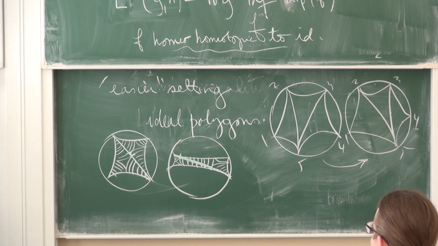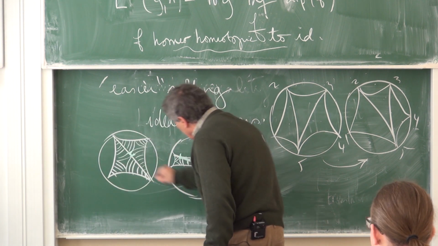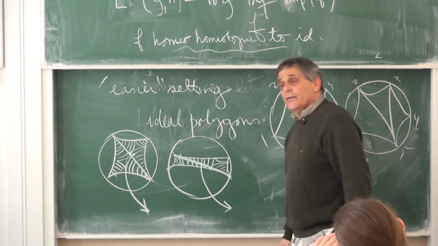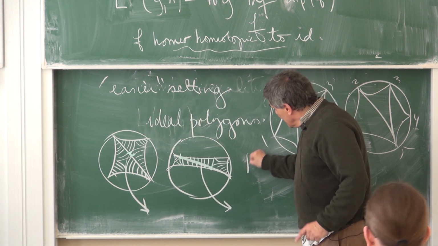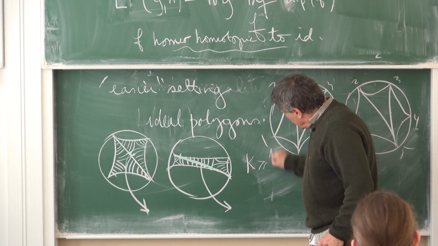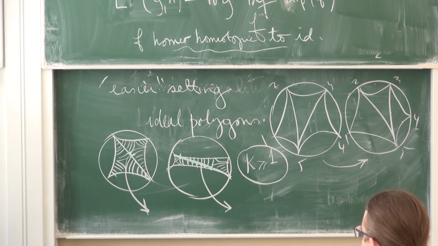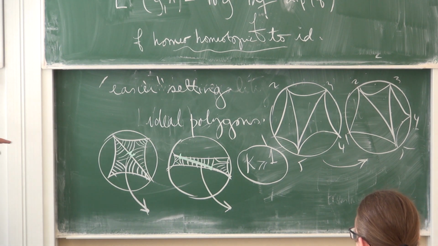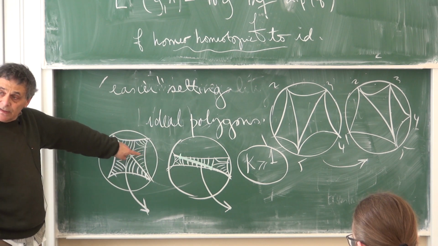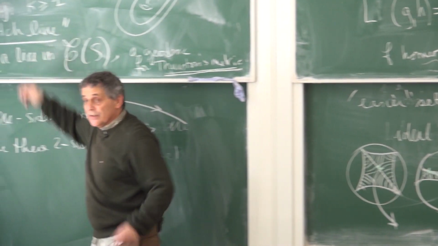So what I want to do now here is the one parameter family of hyperbolic structures, the one parameter family of ideal quadrilaterals, which is my stretch line here.